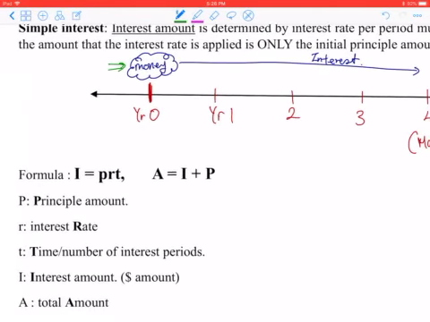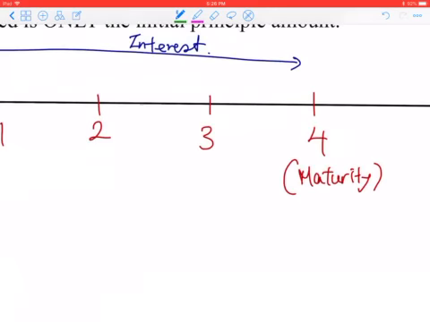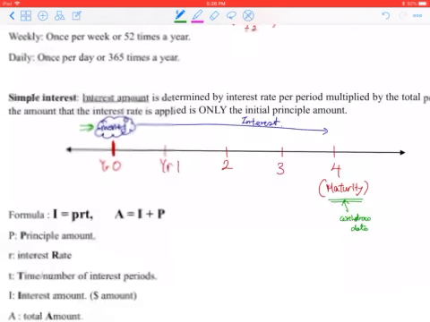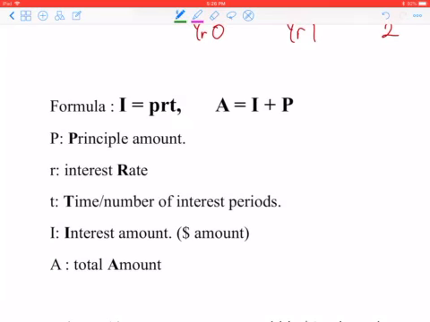So there are formulas. Oh, one thing: I put maturity here. That means maturity date, which is the withdrawal date. Now, the first formula is I equals PRT, and A is I plus P. I put the definition of each. I means the interest amount, meaning the interest dollar amount, not the interest rate.